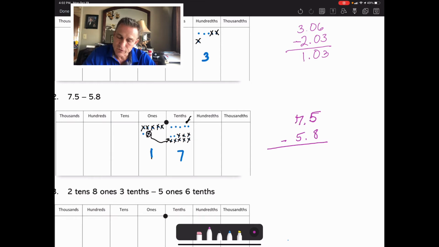So there's only 6 ones left. And I'm going to convert that 1 into 10 tenths. So 10 tenths plus the 5 that are already here equals 15 tenths now. So I have 15 tenths. I can take away 8 tenths. So now I have 7 tenths left. And I have 6 ones minus 5 ones is 1 one.